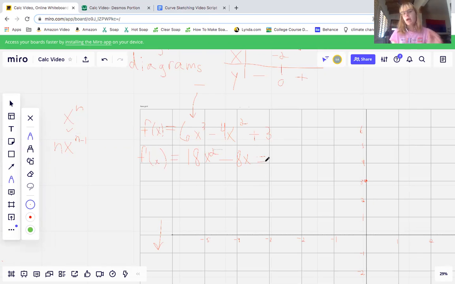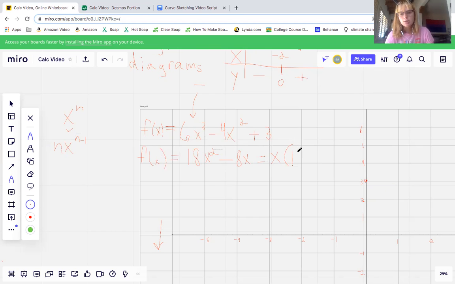Then we can simplify this by factoring an x out of this equation. That might seem a little bit confusing, but as you can see, both of these terms have an x in them, so we can factor that out to the outside, basically like reverse distribution. We think, what does x need to be multiplied by to get this first term of 18x squared?